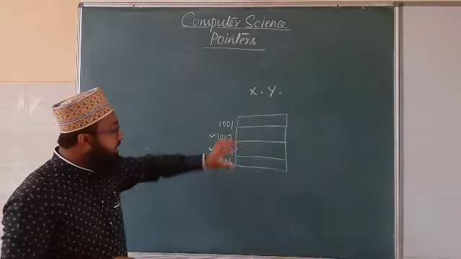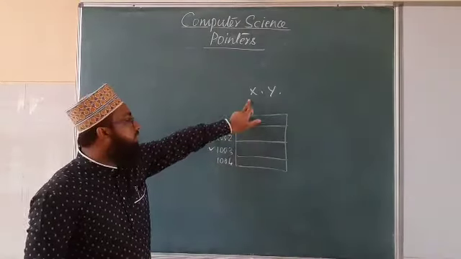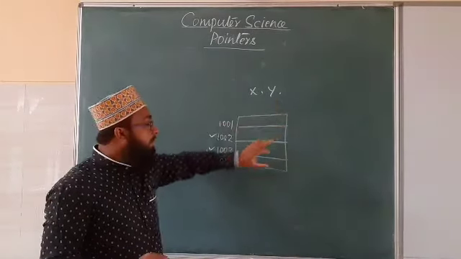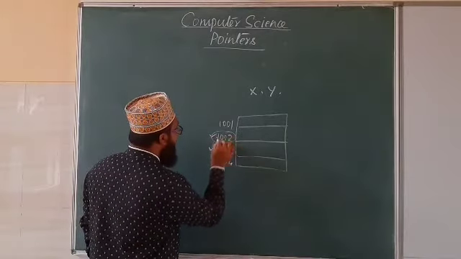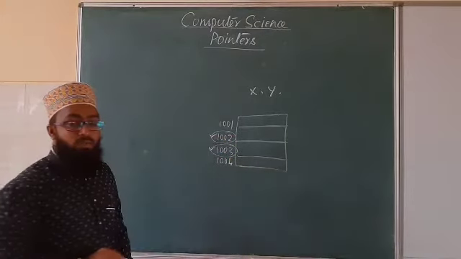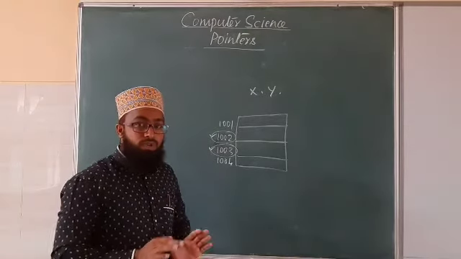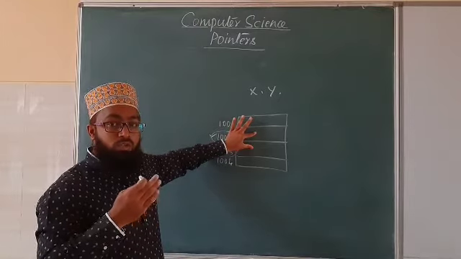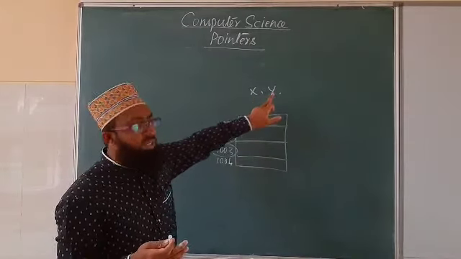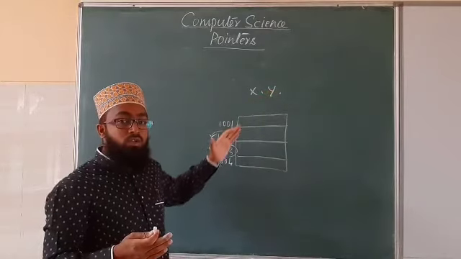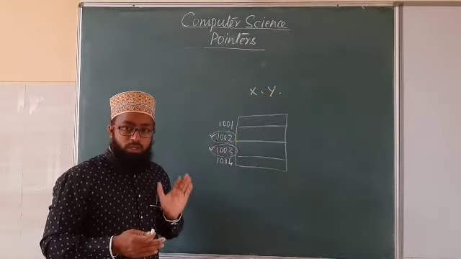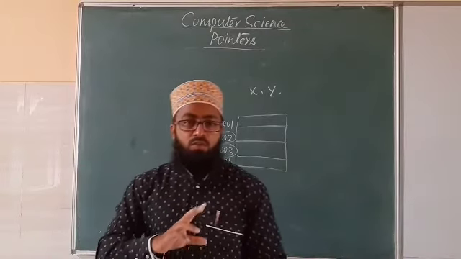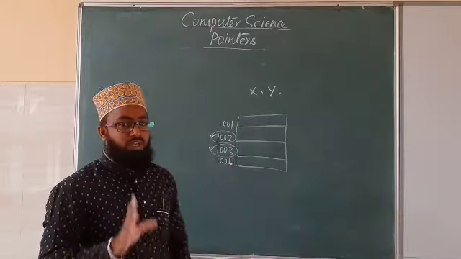The pointer will reserve these memory locations for these variables, by saving its address. With the help of the address, the pointer will reserve the memory locations which you have to use to store the variables. So this is the usage of pointers: pointers are used to keep ready the memory locations for storing the variables.